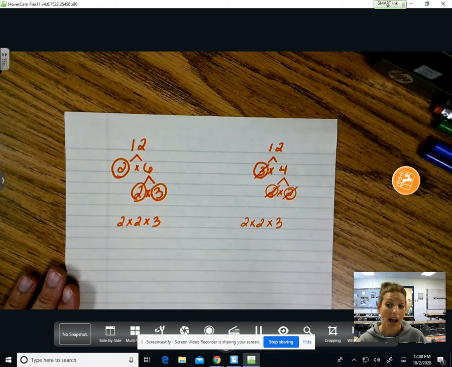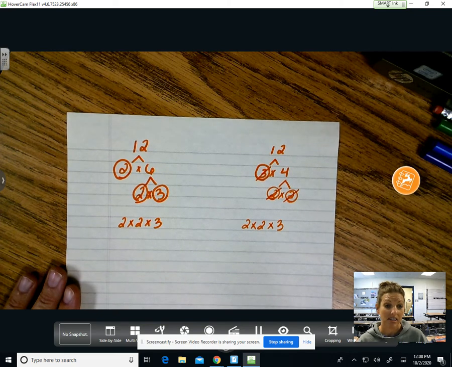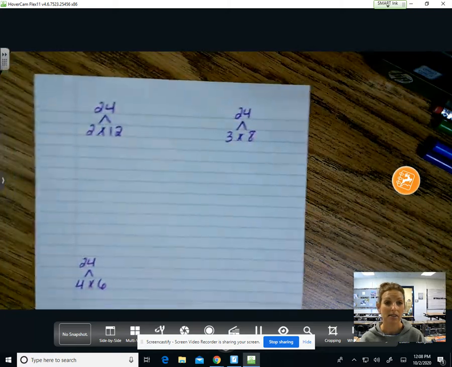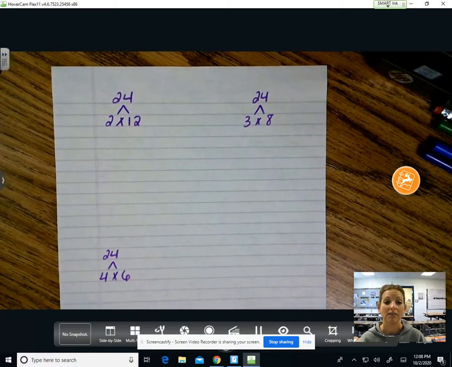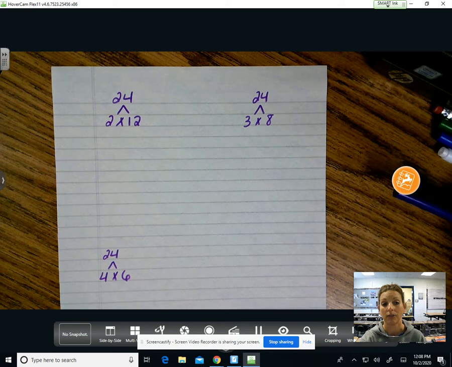Here's what I'm going to have you do now. I want you to try finding prime numbers, the prime factorization, with the number 24. And you can start by using any of these factor pairs. So try 2 times 12 and break it apart, 3 times 8 and break it apart, or 4 times 6 and break it apart.